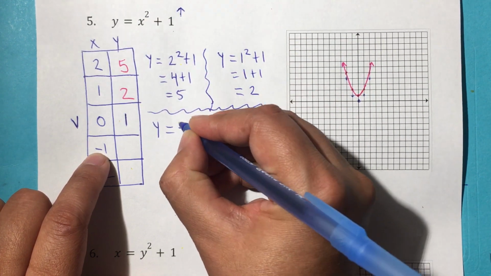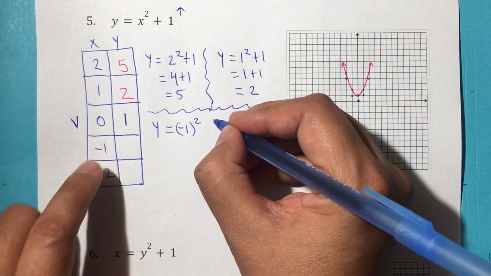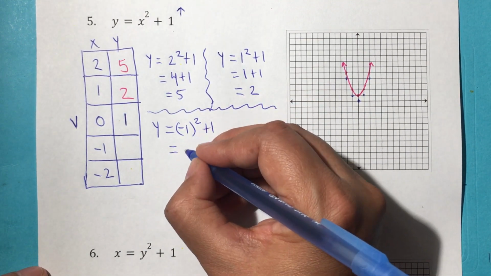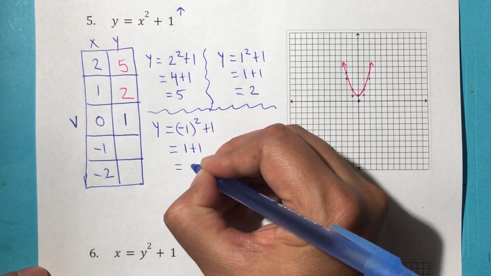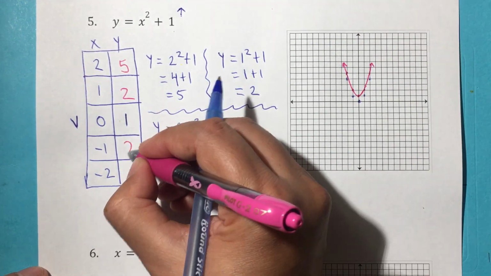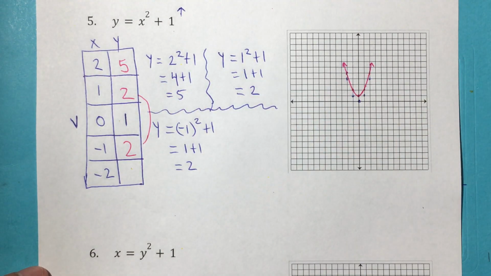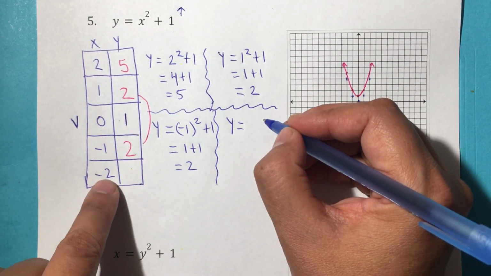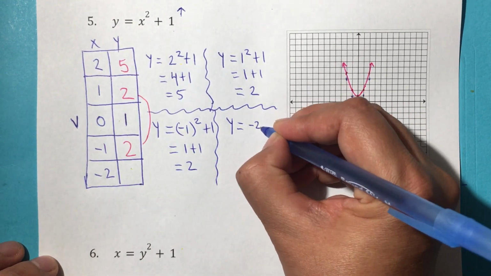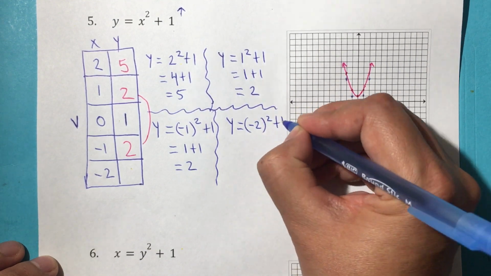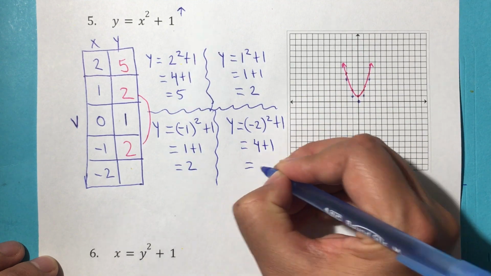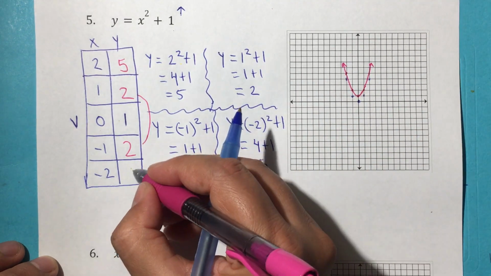So -1, because it's negative, we put it in parentheses, square that, plus 1. -1 times -1 is +1, plus 1, that's 2. And y is equal to -2 for x, so -2 squared plus 1. -2 times -2 is +4 plus 1, which gives us 5.